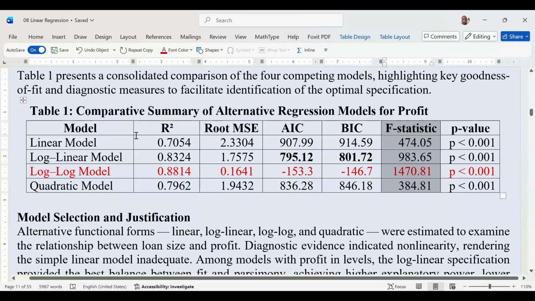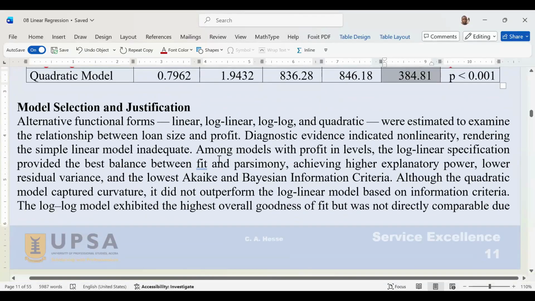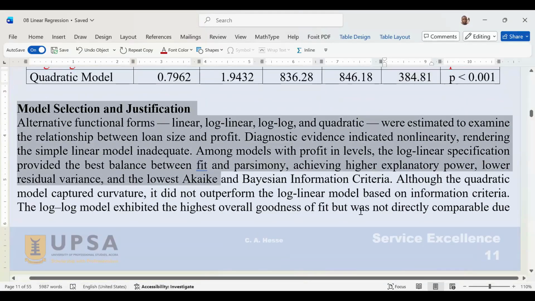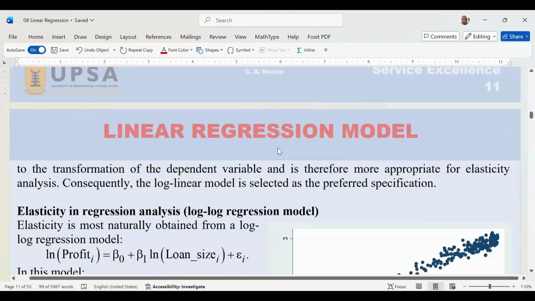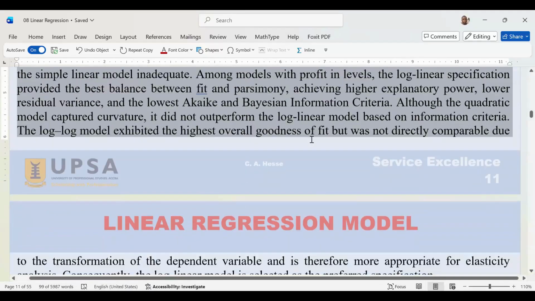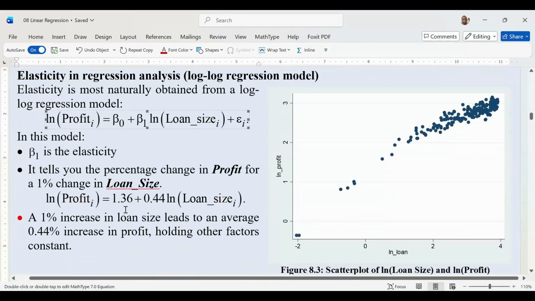Can we move on, please? Yes. So, which of the models is the best? Which one is the optimal model? The log-log. That's what I've described here. It means our optimal model is given by this.